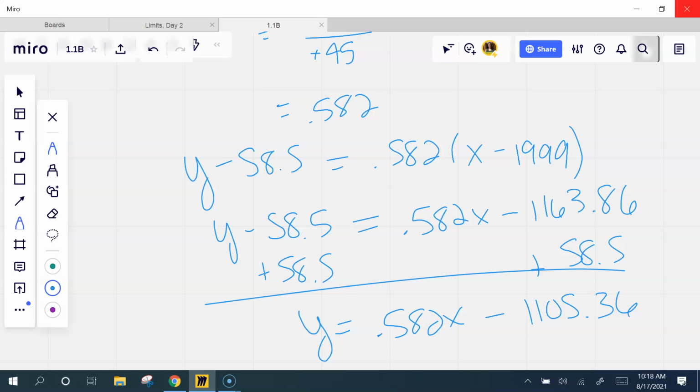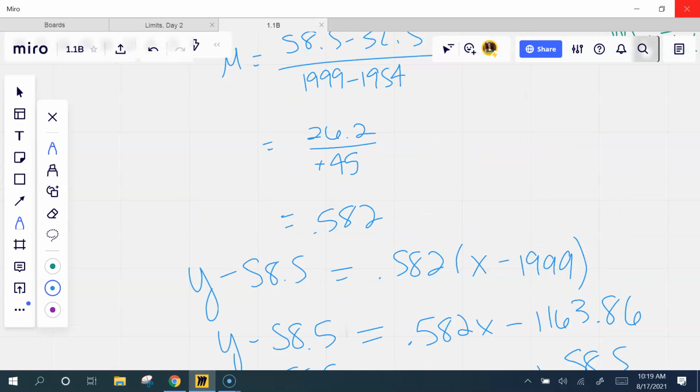That's not what you got. So you know what they did? I see what they did now. They let X be the number of years since 1954. Okay?